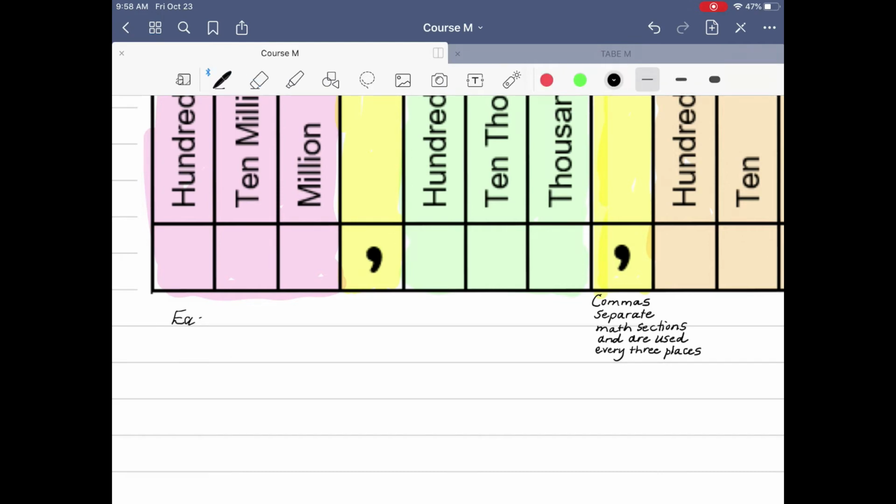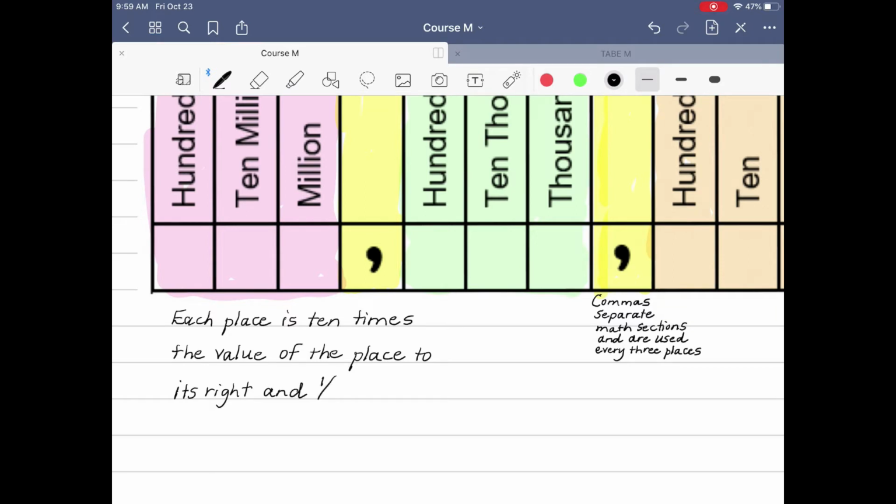Each place is 10 times the value of the place to its right and 1/10 of the value of the place on its left.